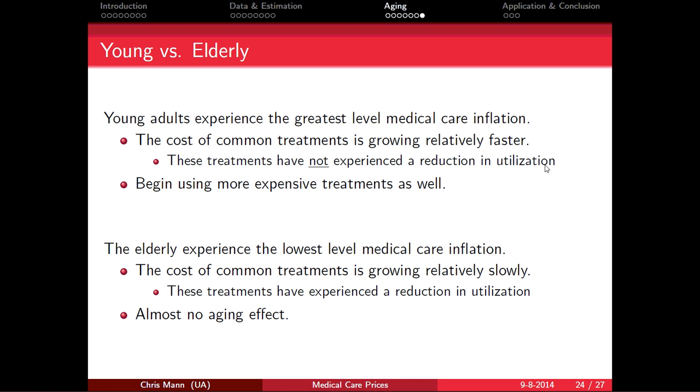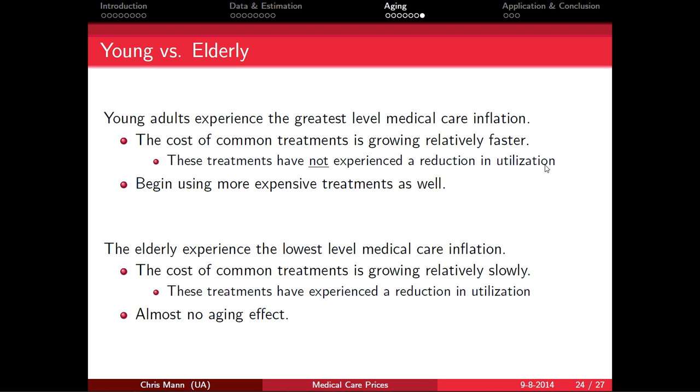However, that's not the only effect. In addition, as you get older, young adults begin being treated for more expensive diseases, right? And that effect is not insignificant. Roughly 1% added to medical expenditure inflation every year, right?